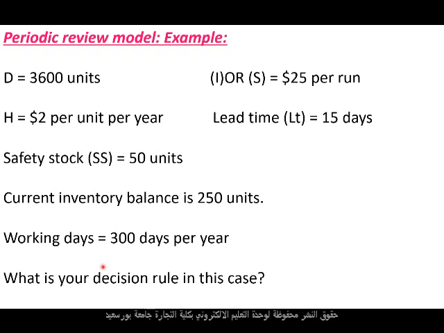What is your decision rule in this case? This means: first, what is T, the review interval? Second, what quantity do you need to buy?